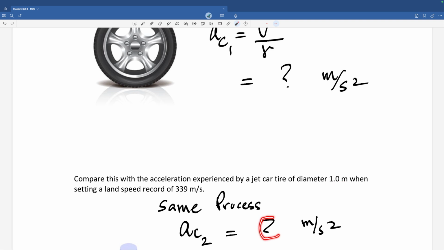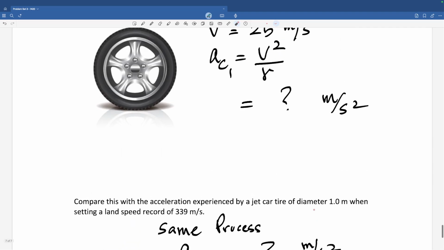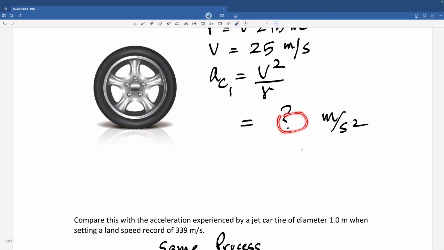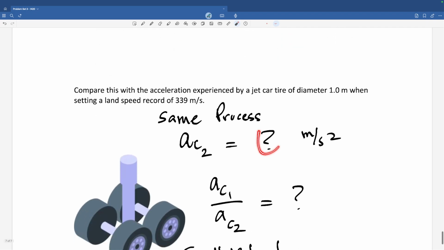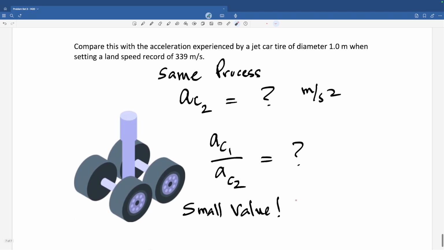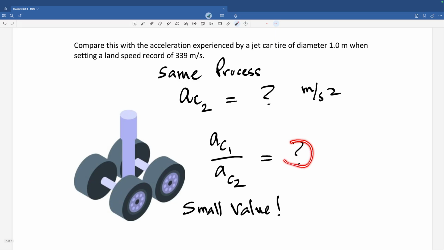You will get this number, correct? Once you get the two numbers, you have to find the ratio. So whatever you got here, divide by whatever you got here. Because the question says compare. Compare means you have to divide one by the other. And then you will get a very small number here. So that's the ratio. And that is the end of this problem set.